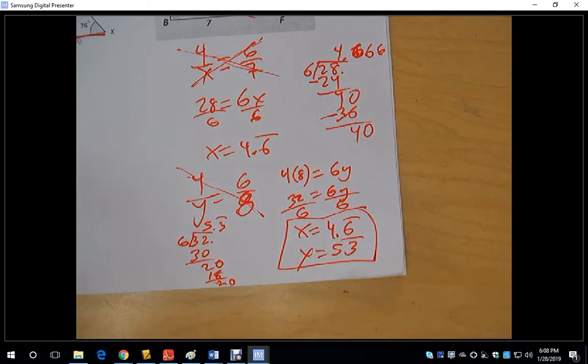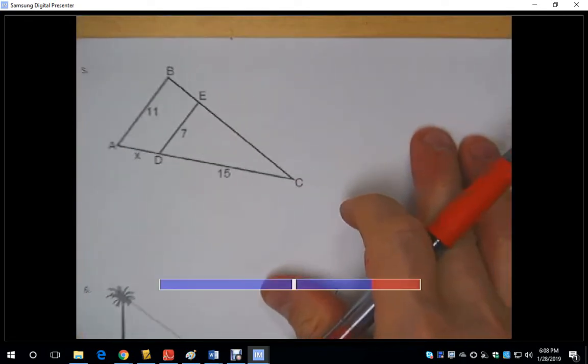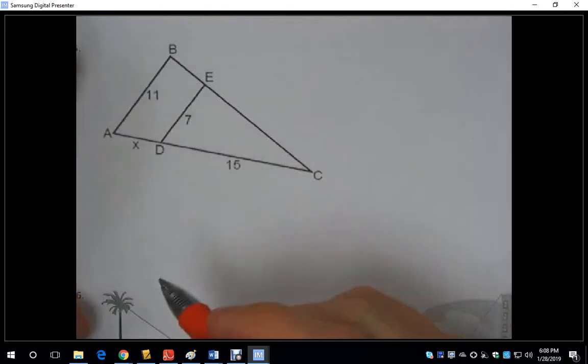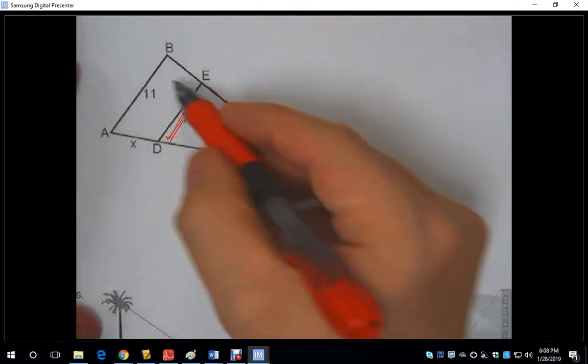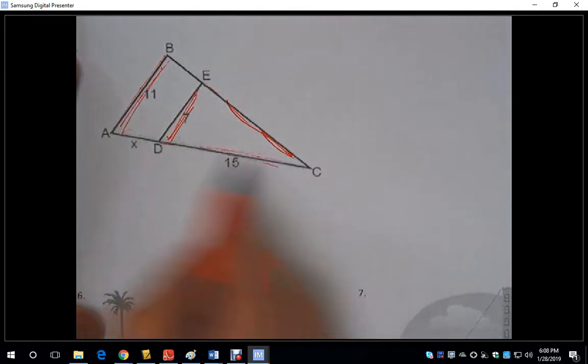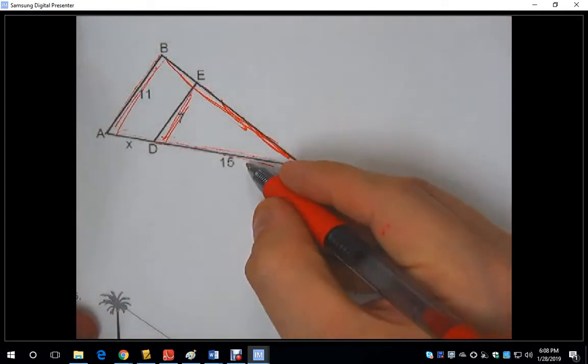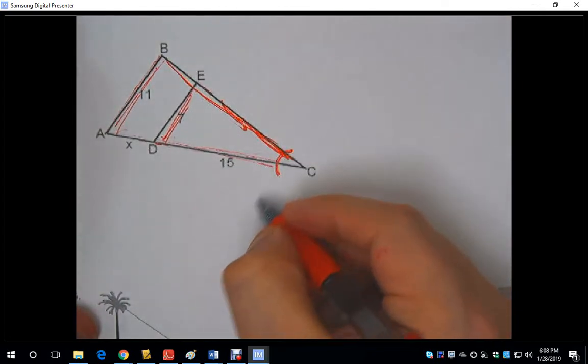All right, so moving on. Number 5. We have 2 triangles here. I have this smaller triangle here, but I also have this larger triangle here. And they are similar because I have this angle in common.